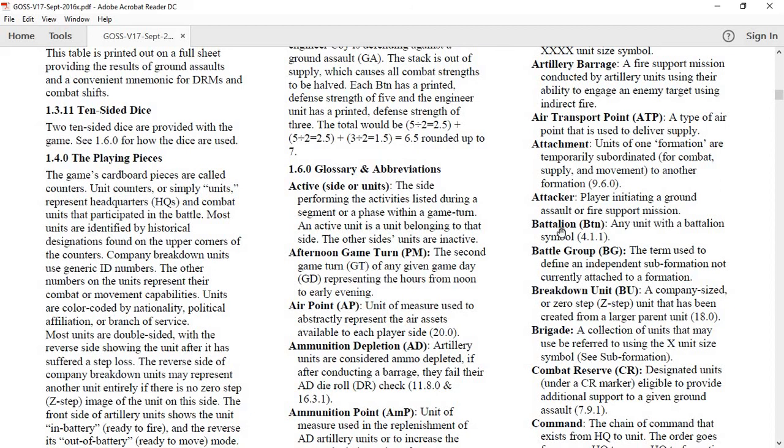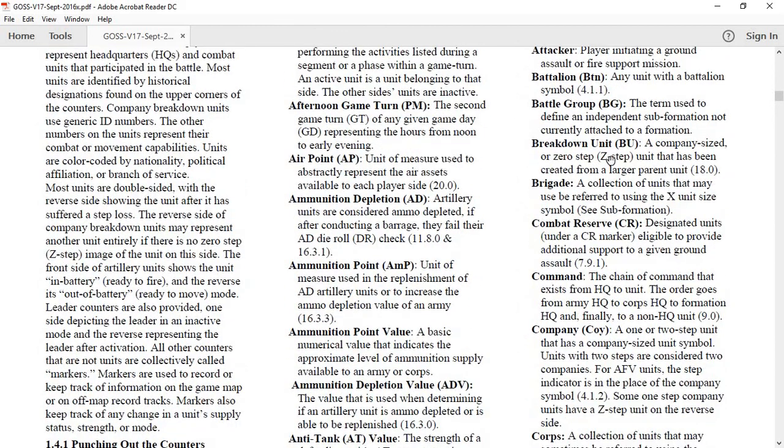Battalion, any unit with a battalion symbol. Battle group, the term used to define an independent subformation not currently attached to a formation. Breakdown unit, a company-sized or zero-step, Z-step unit that has been created from a larger parent unit. Brigade, a collection of units that may be referred to using the X unit size symbol.